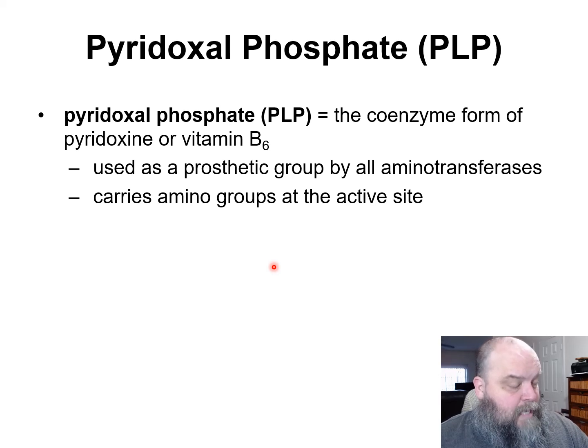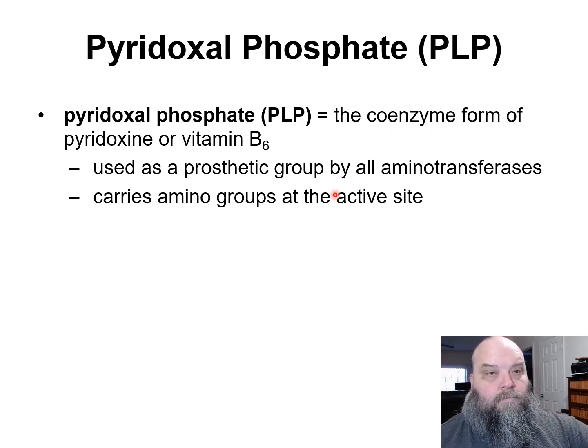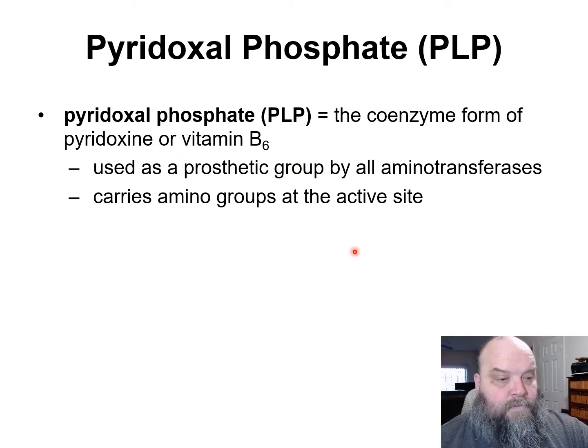You think back to that slide, not only did it have the transaminase, but it also had what is referred to as PLP, pyridoxal phosphate. It's a coenzyme, a version of vitamin B6, one of those essential vitamins you have to take.